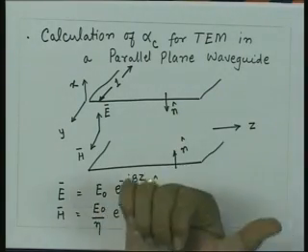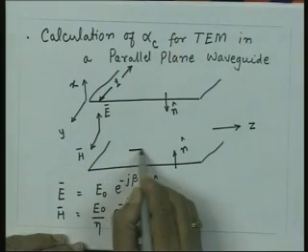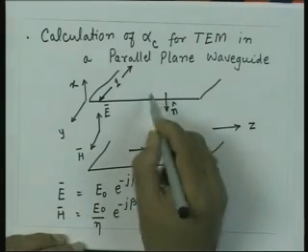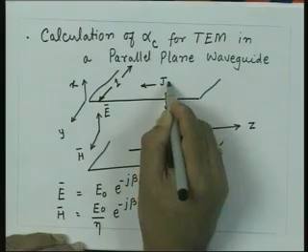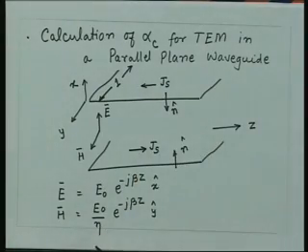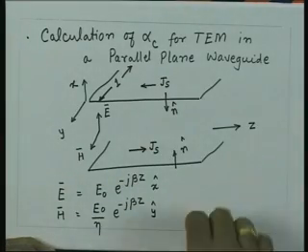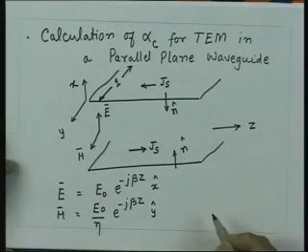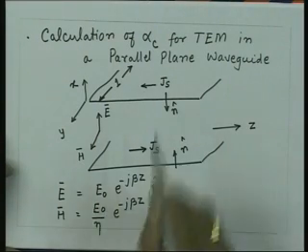So, if I use n cross H right hand, then the current will be flowing in this direction. So, I have a surface current which flows here, which is Js, and similarly on this wall surface current will be flowing this way, which will be Js. Again n cross H, the n is downwards and H is coming out. If I go by that, then n cross H will give me direction of Js, and the amplitude of Js is exactly same as this amplitude, which is E0 upon eta.